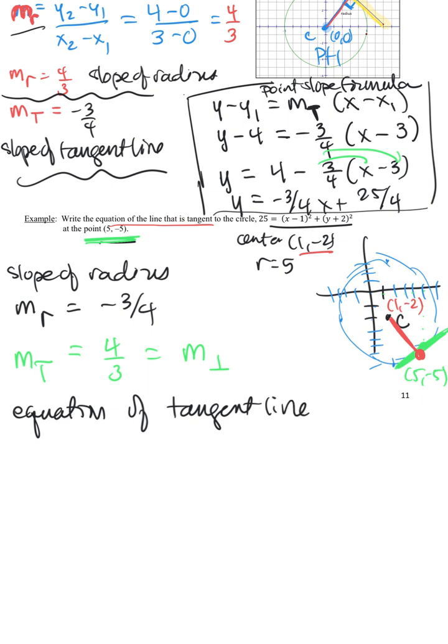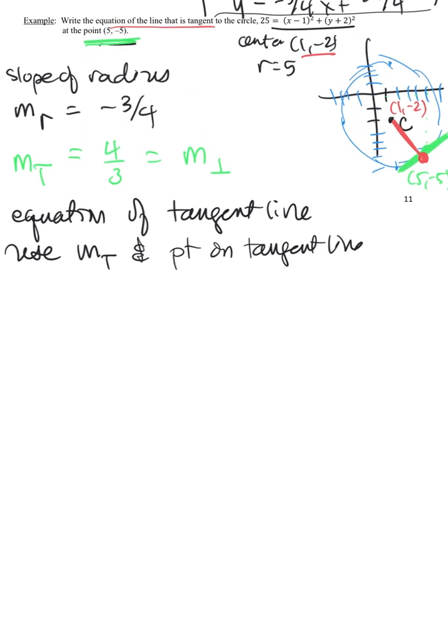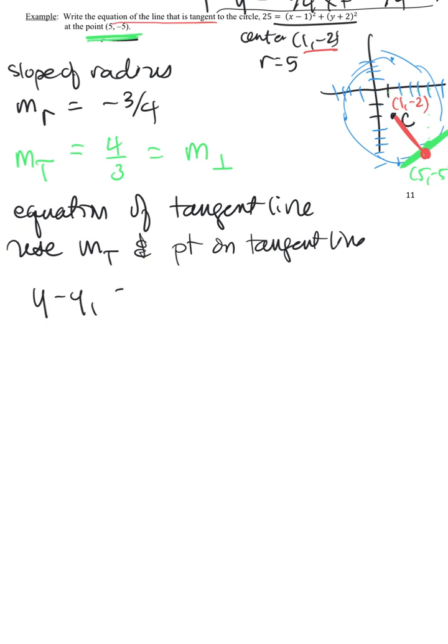So I'm going to use the slope of the tangent line and the point on the tangent line. Let's substitute into the point slope formula the information that we know.